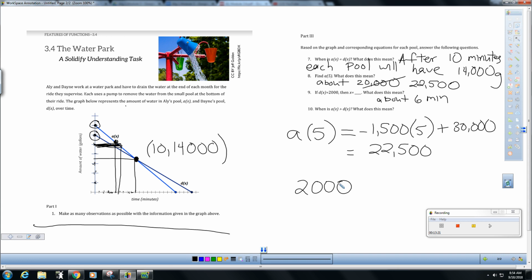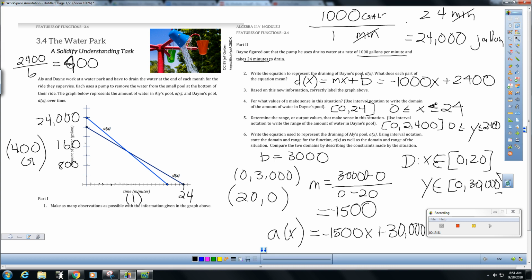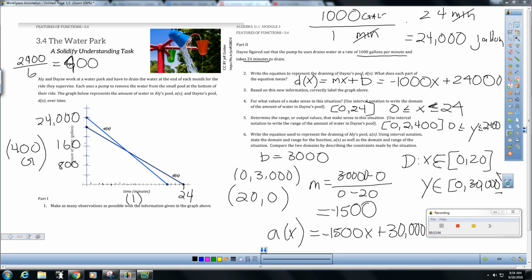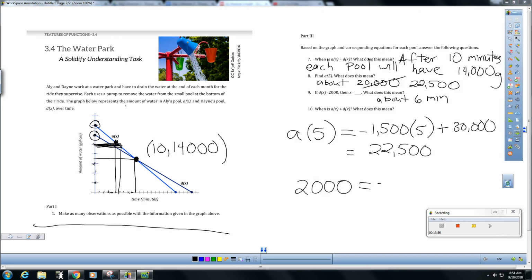Well, let's just pop it into the formula. So negative 1,000x plus 24,000, right? So 2,000 equals negative 1,000x plus 24,000.